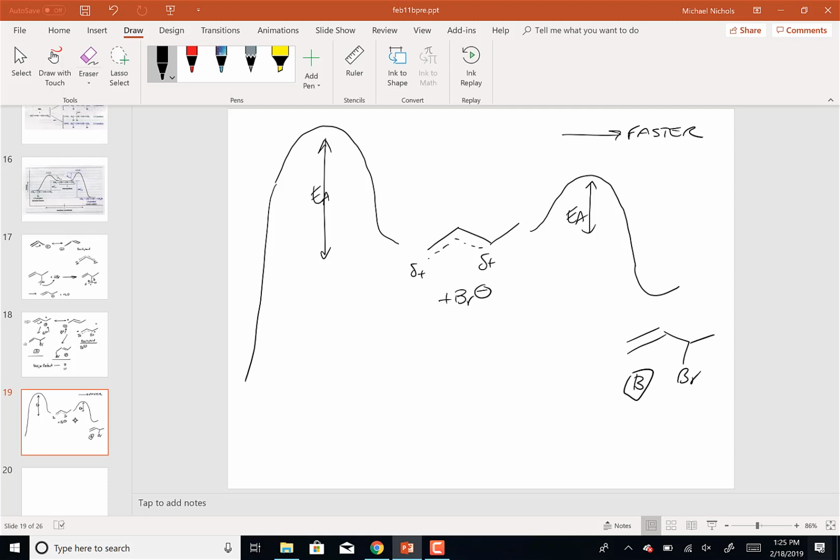Product B on the right, product A on the left. How do I ever get product A?